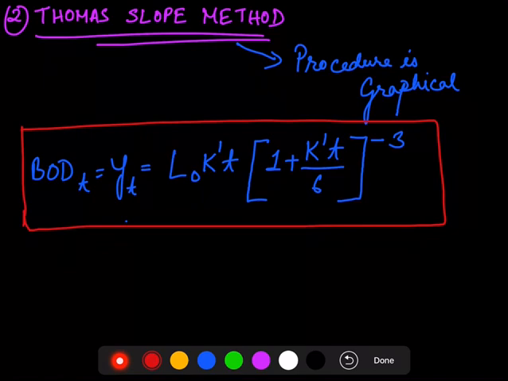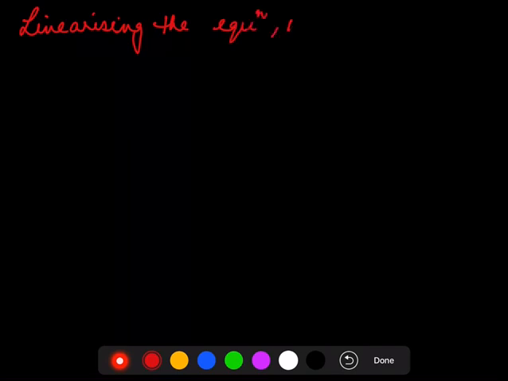Now linearizing this equation, you don't need to properly learn how to linearize at this level, just remember these things.